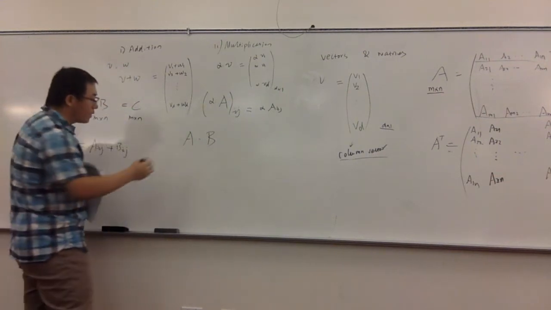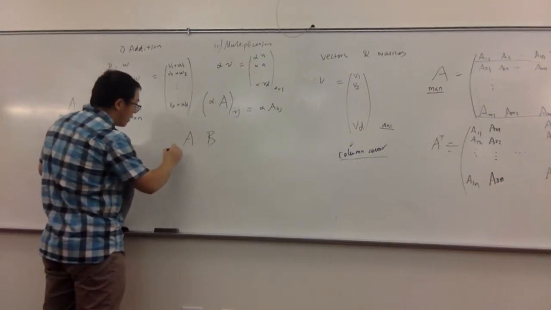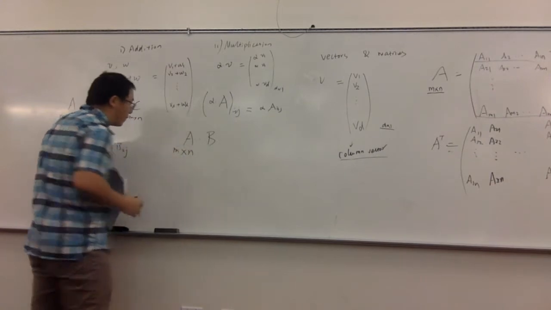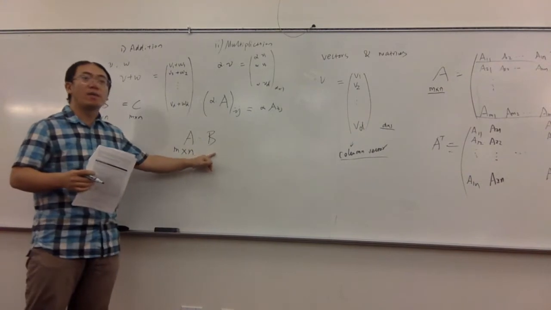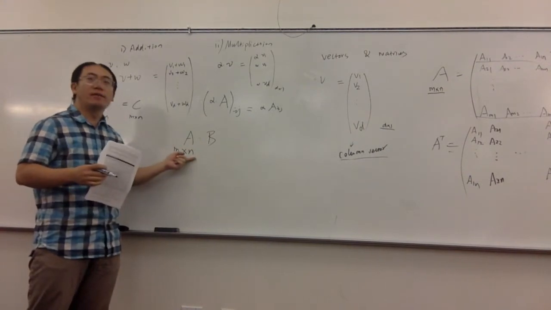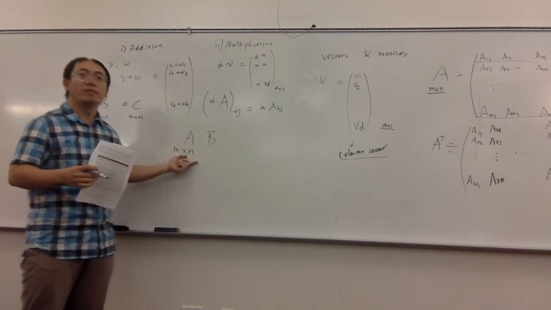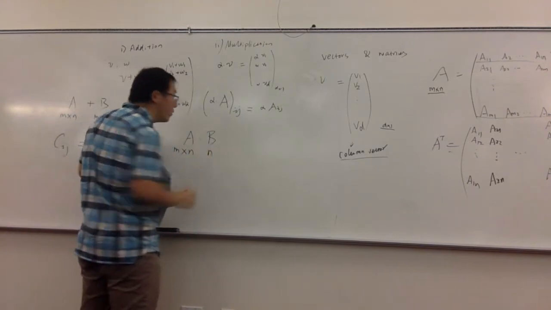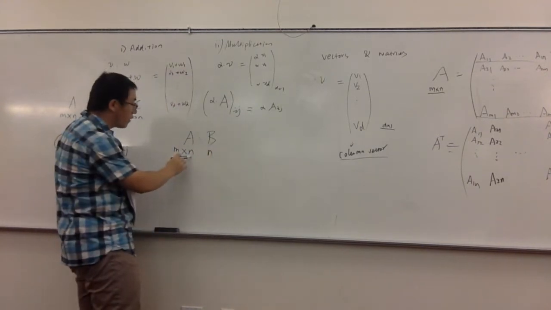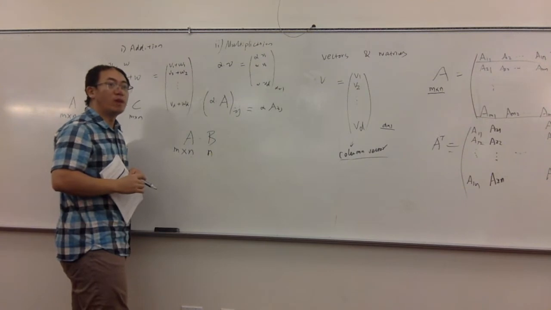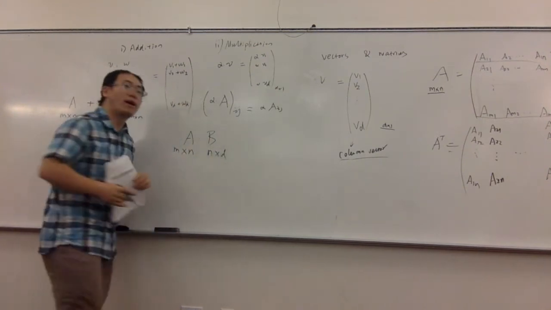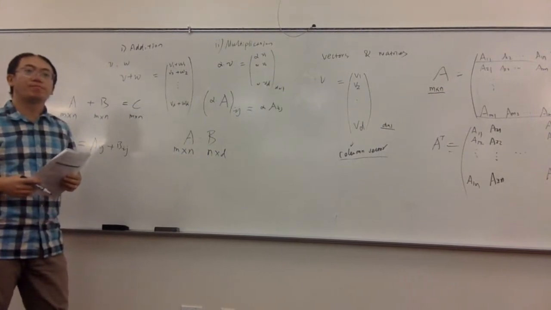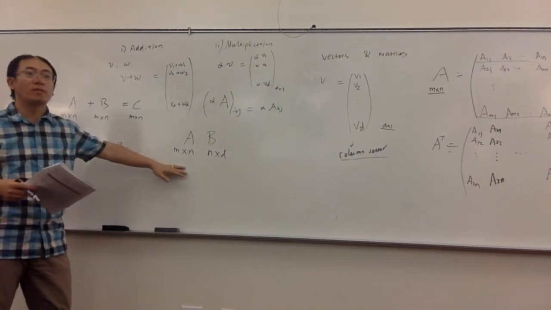So if the matrix A is of size n by n, then the matrix B must have n rows to be consistent with the number of columns in A. But of course, matrix B can have an arbitrary number of columns. So this is a basic requirement.